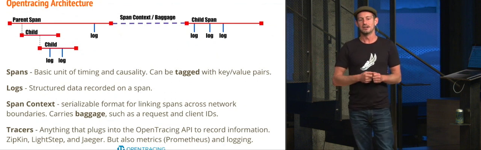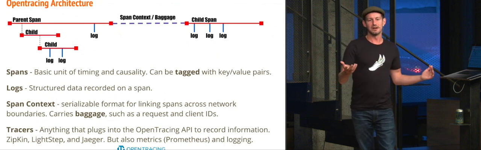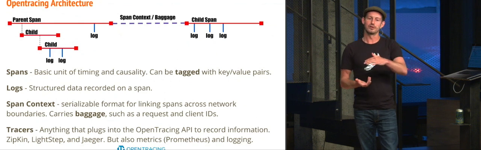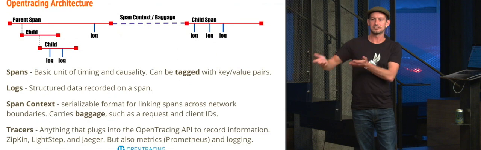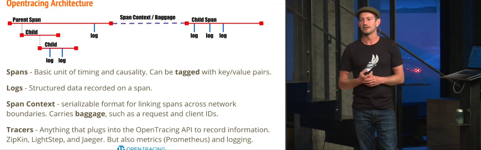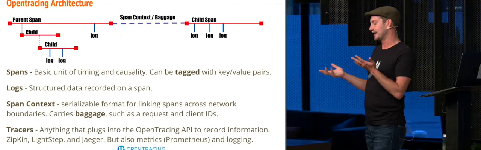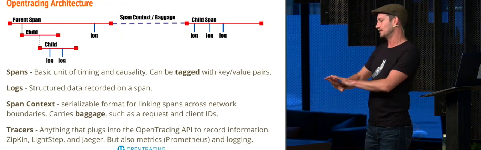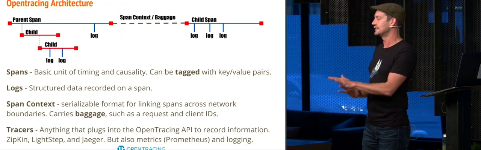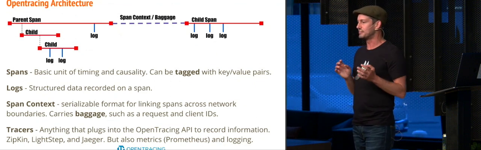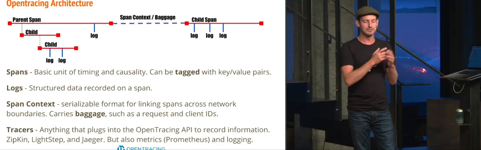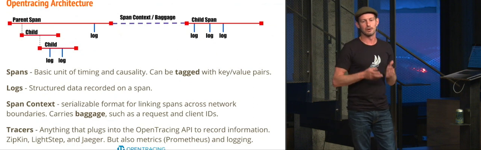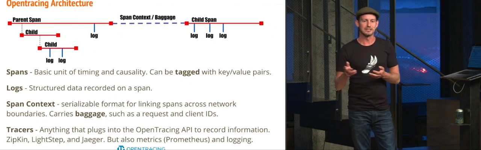So if you're making an HTTP call, you get to the point where you make that call, you get the current span and say, hey, inject this span into this HTTP header. And again, the way that's structured in the API, it makes a point to not say anything about what that metadata might be.